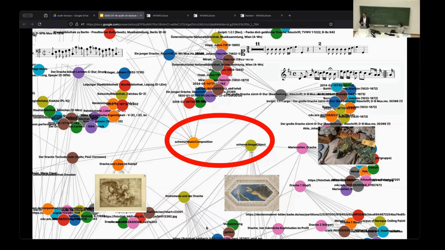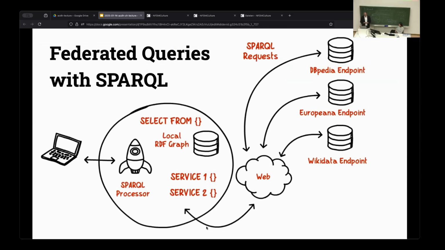And now we jump to semantic retrieval that's federated. So once we have it in a knowledge graph, it's not only that we have our own data repository where we can query that, we can also do direct federations. And that's a big difference to what we've seen in the beginning of this talk. So SPARQL, that's the retrieval language for linked data, is able to do so-called federated queries to certain endpoints on the web.